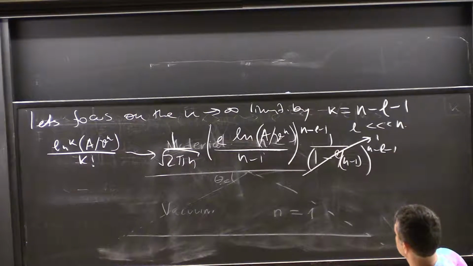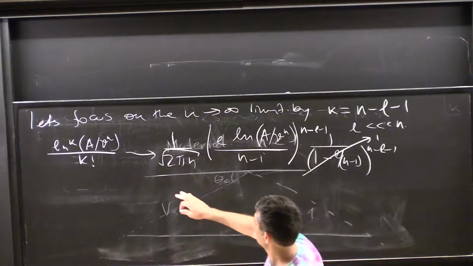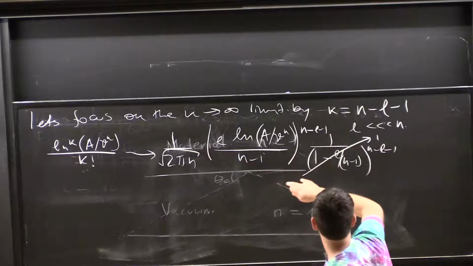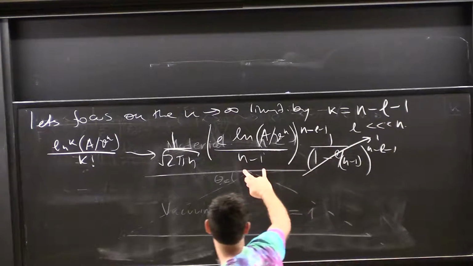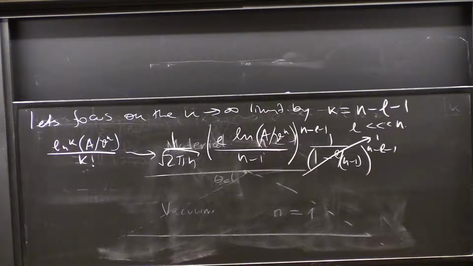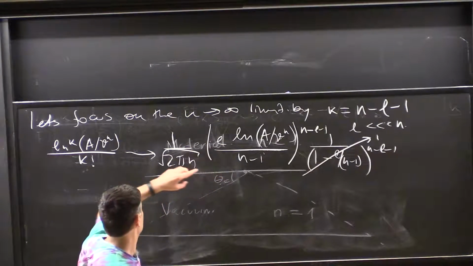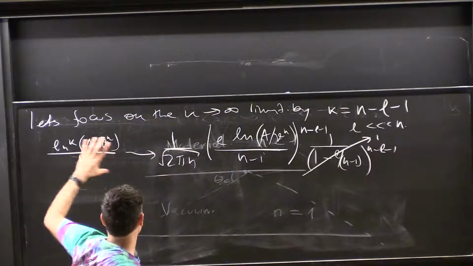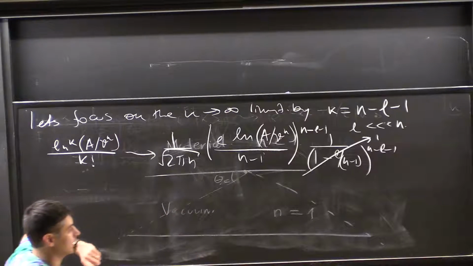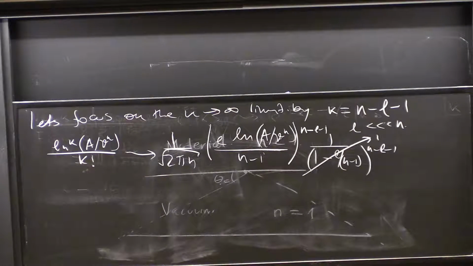I'm approximating the factorial of this with a factorial of n minus 1, assuming that L is small. This is not mathematically rigorous in the sense that I'm ignoring the thing which is bigger than 1. You might worry about that, but the idea is to finish one calculation first.